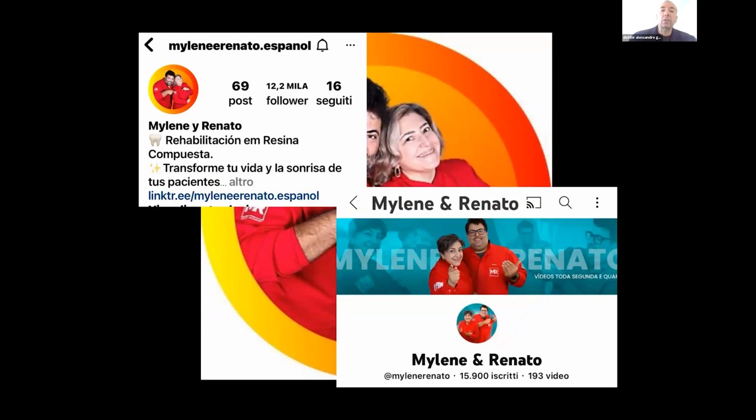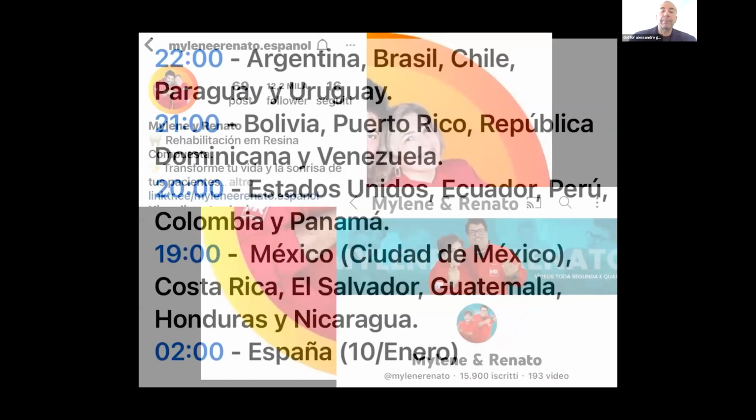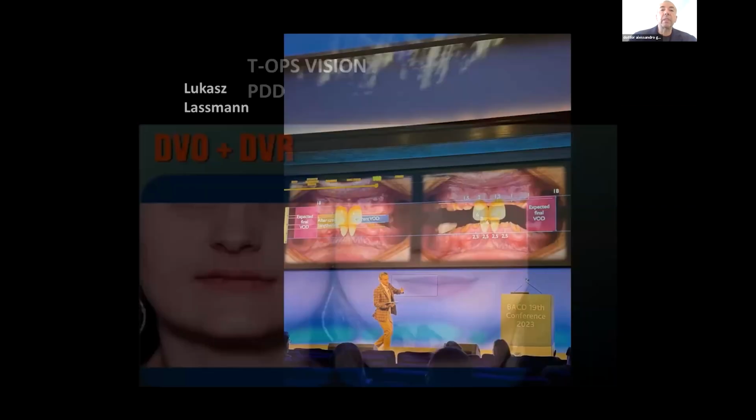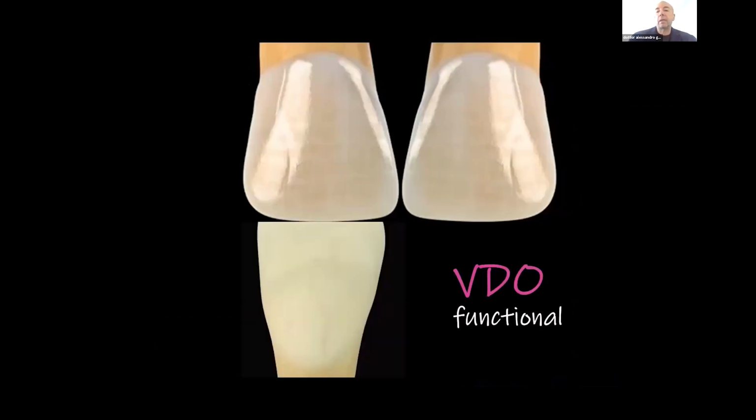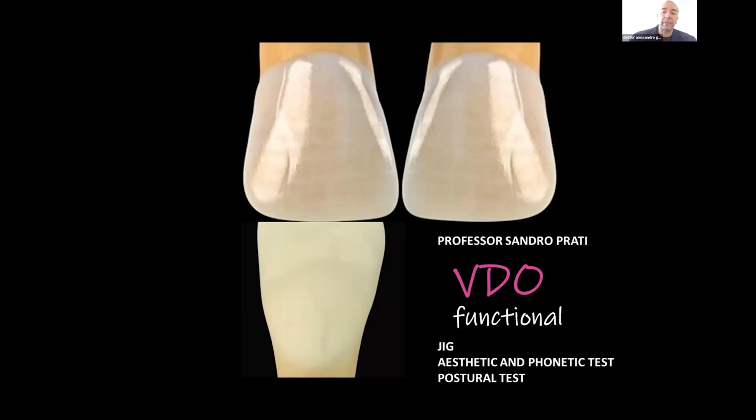And Lucas Lassman also proposed something similar. I learned it from my professor, and it's something a little bit more. So I call it vertical dimension functional, because we make a jig, some aesthetic and phonetic tests, and also some posturological tests. I learned it from my professor, Sandro Prati.